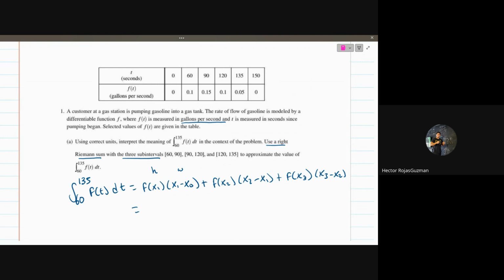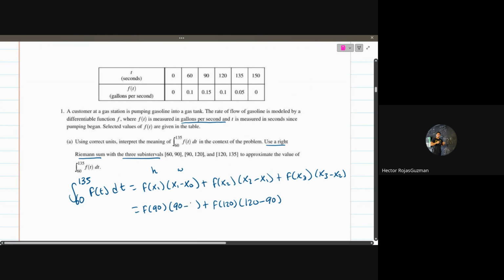If we look at the first interval between 0 and 90, f of x1 is basically f of 90, and the width is 90 minus 0, plus f of 120 times 120 minus 90. Oh, and you know what? I made a mistake right here. We're not doing 0. We're doing 60, right? 90 minus 60.